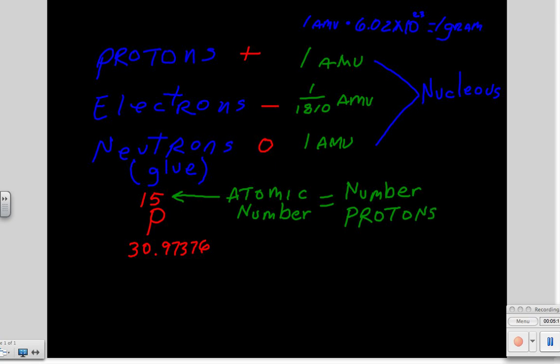Now this number right here has a couple different names, but the two most common names are mass number or atomic mass.